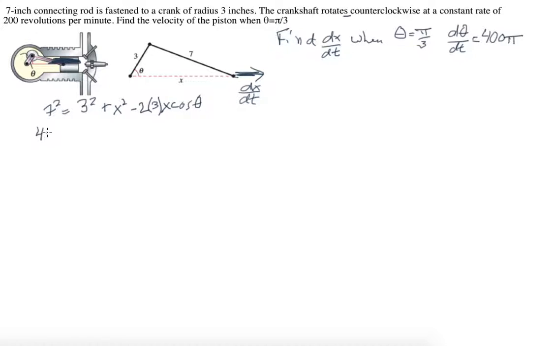And so we'll get 49 equals 9 plus x squared minus 6x cosine theta.